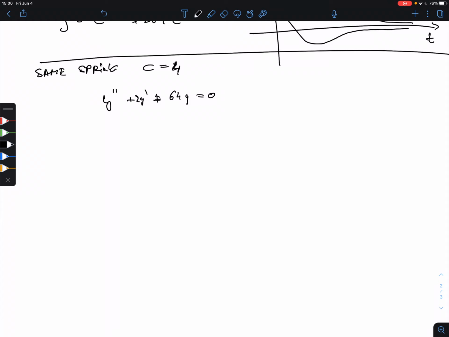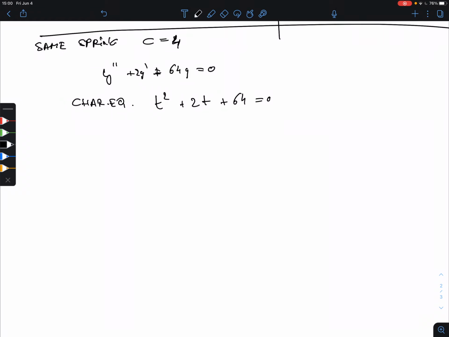What kind of motion is this? The damping, we have said, can be overdamping, underdamping, or critical damping. Let's see what this gives me. Because it's a homogeneous second order linear equation with constant coefficients, we look at the characteristic equation. Now this cannot be factored, so we use the quadratic formula.